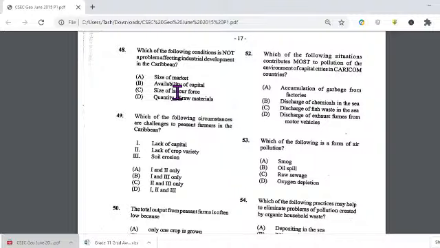Remember that we're talking about pollution in general in the CARICOM countries as well. Discharge of chemicals in the sea, not a lot is going on now. Discharge of fish waste in the sea. I think somebody from probably Grenada or Guyana said they have this fish waste, but that was the only country. Discharge of exhaust fumes from motor vehicles.